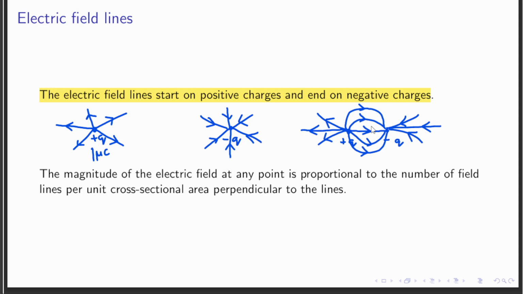The second property of the electric field line is the magnitude of the electric field. At any point, the magnitude of the electric field is proportional to the number of field lines per unit cross-sectional area perpendicular to the lines.